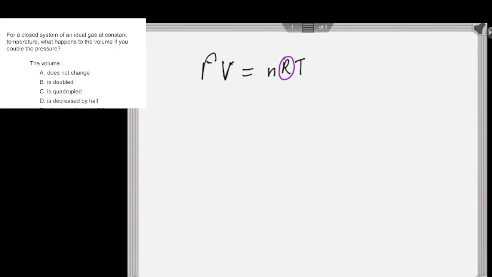R must be constant. It's not going to change because that is a gas law. We said, why would n be constant? What is the information that's given in this system that allows us to say, you know what? Yeah, we said this is a closed system. So that means that delta n must be equal to 0. There's no change in n.